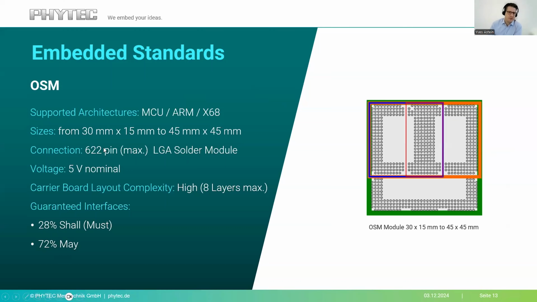Connections, lots of pins, 622, 5 volt voltage. Carrier board complexity is quite high. So if you want to route out all signals, because we have lots of pins right by each other and not much space in between, you're probably going to need 8 layers if you really want to route out all signals. So that's worst case. And guaranteed interfaces, we have 28% and 72% are optional.